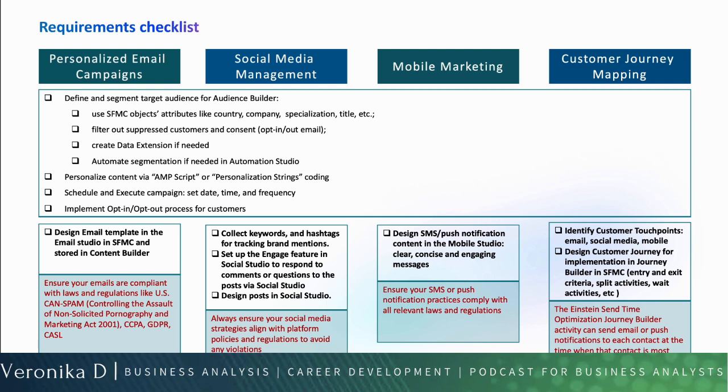And then after you selected these touchpoints, or these touchpoints were provided to you by some marketing specialists, you need to collect requirements for building the journey in Journey Builder.